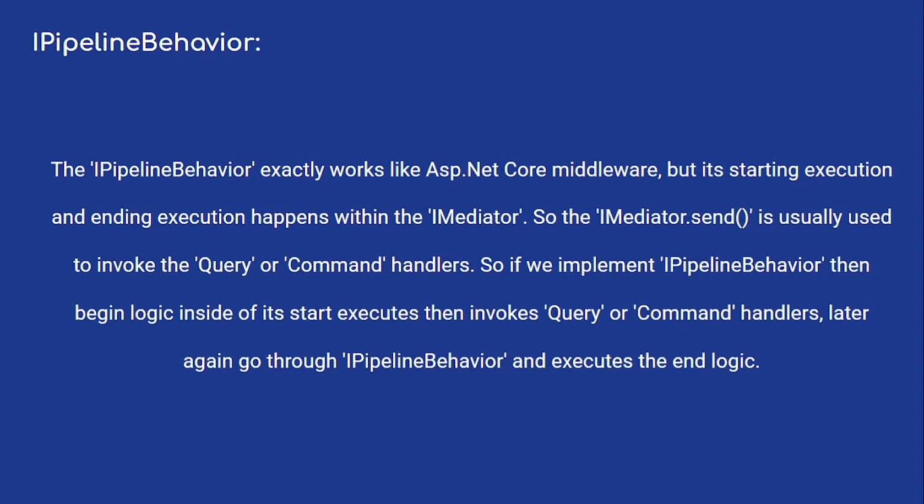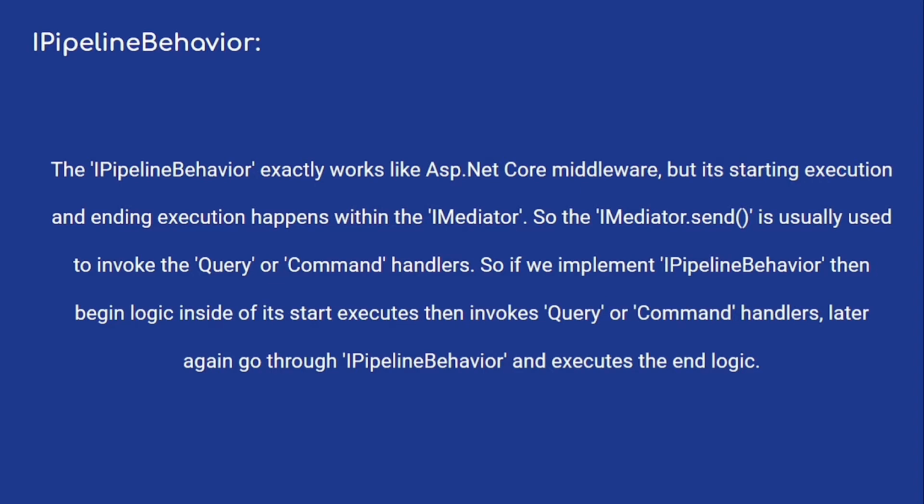First when the request arrives. But this IPipelineBehavior middleware only exists when we use IMediator. Then only they start executing. Unless then, they won't execute, by default, like a normal .NET Core middleware.